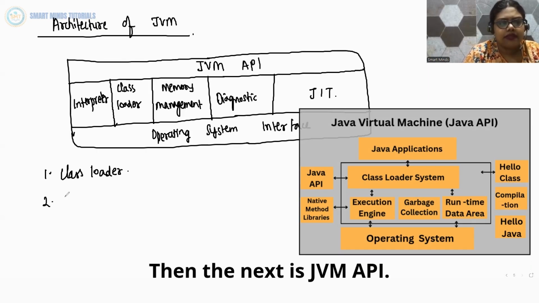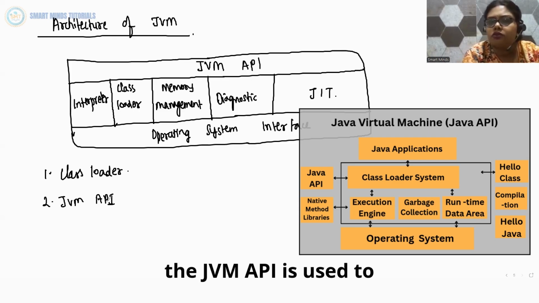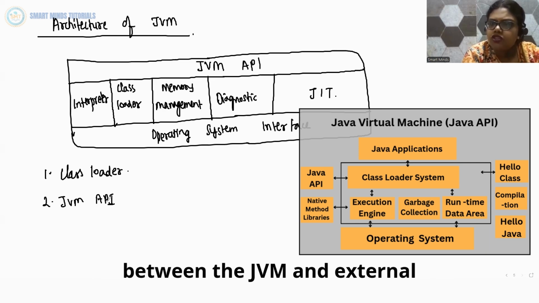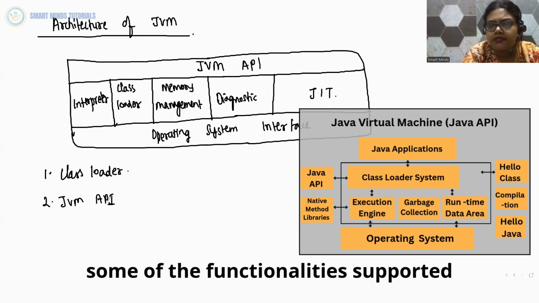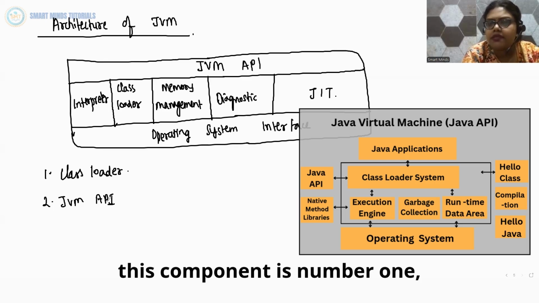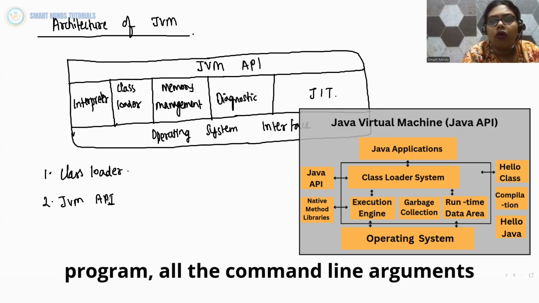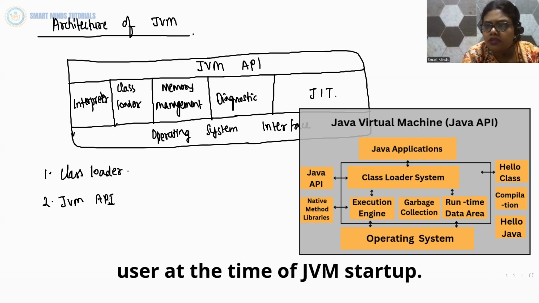Then the next is JVM API. The JVM API is used to encapsulate the various interactions between the JVM and external programs. Some of the functionalities supported by this component are: number one, it handles all the command line arguments provided by the user at the time of JVM startup.